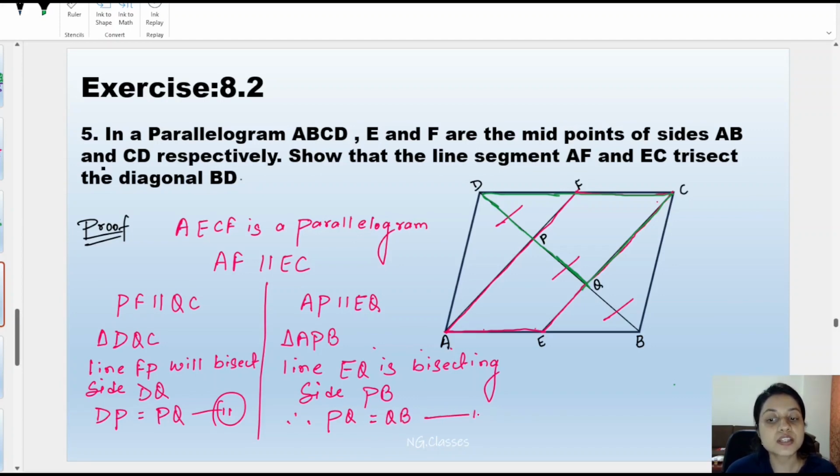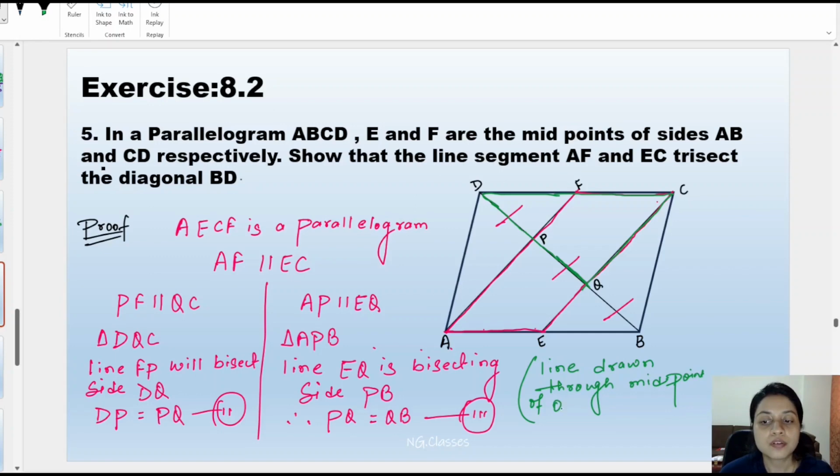Let's call this equation number 3. Let's write the previous theorem: a line drawn through the midpoint of one side of a triangle parallel to another side will bisect the third side.